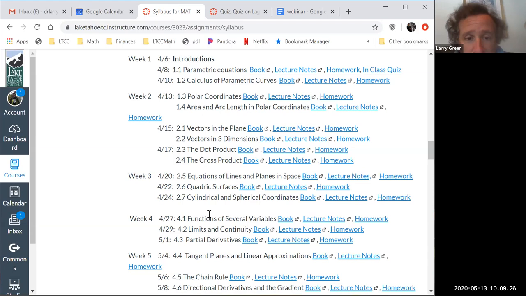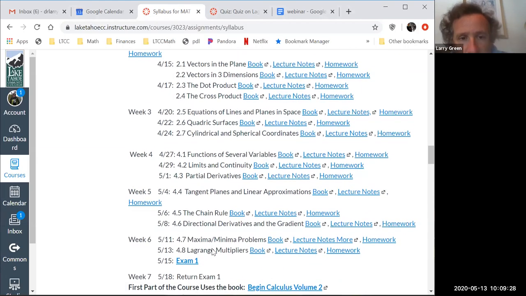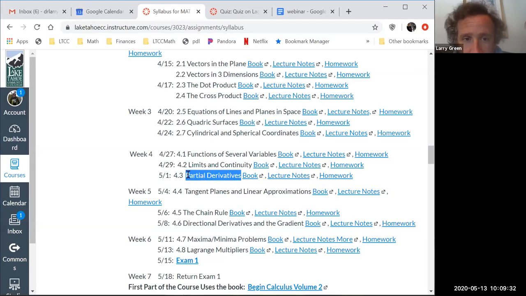For example, if you don't know how to do a partial derivative, you can't do anything else from the rest of chapter 4. I'm not just going to say, find the partial derivative. But if you don't know how to find a partial derivative, and I give you a problem that involves max and min problems, then you won't be able to do well on the test.